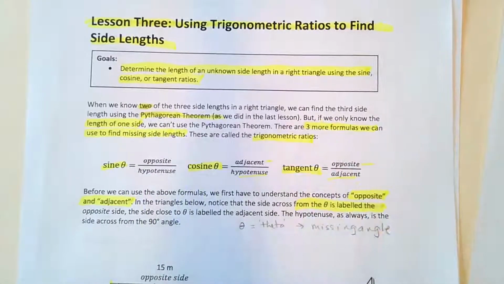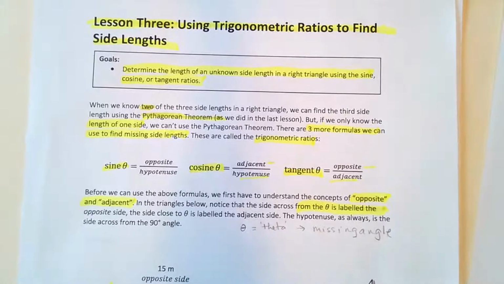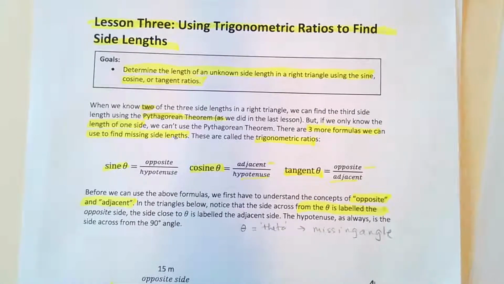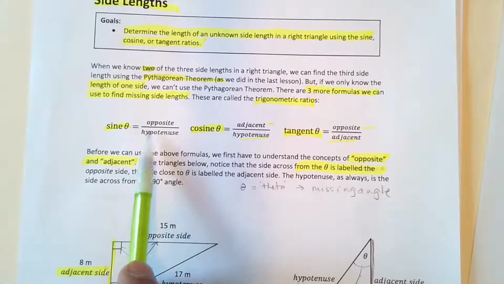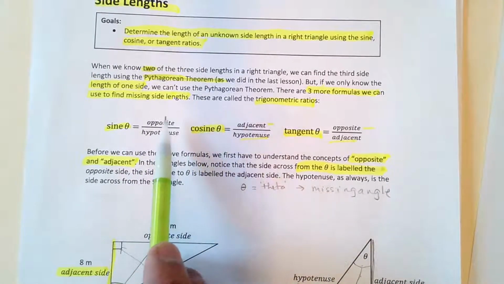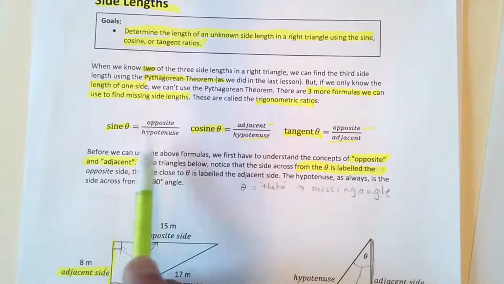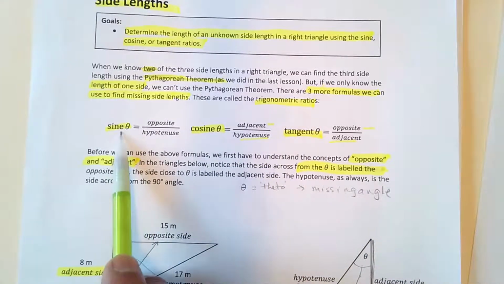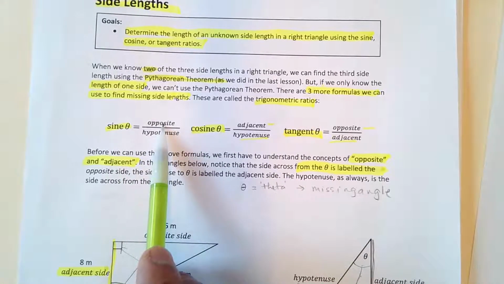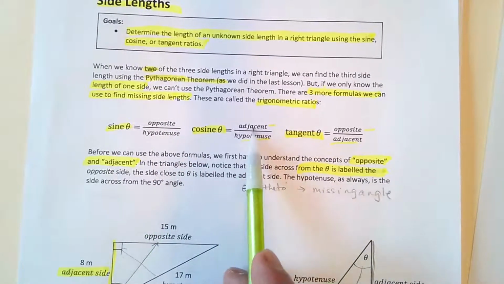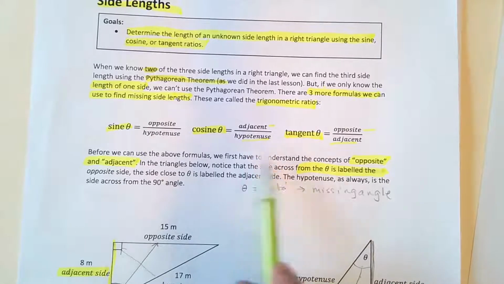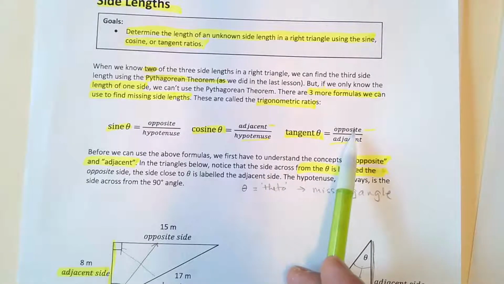We need two sides to find the third side. So generally what we'll have is an angle on one side, and this is where we're going to use the trig ratios. And there are three of them. Sine, which is the length of the opposite side divided by the hypotenuse. Cosine, adjacent over the hypotenuse. And tangent is the opposite over adjacent.